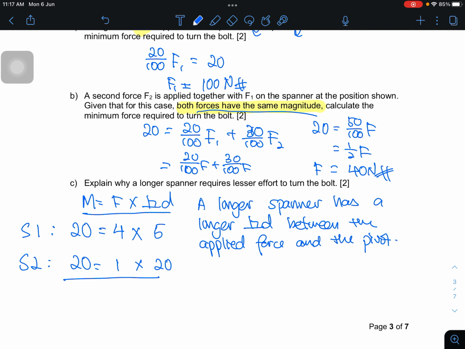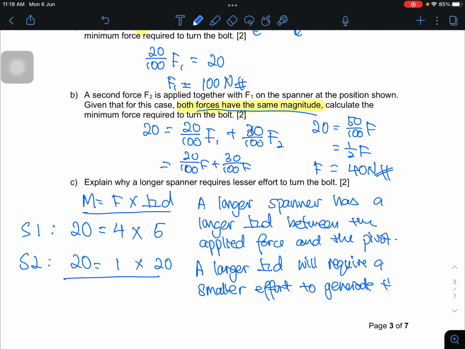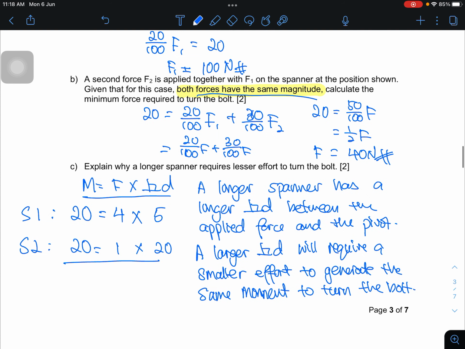So we just have to say that a larger perpendicular distance will require a smaller effort. In this case, effort refers to force, to generate the same moment to turn the bolt. I hope this explanation is clear.